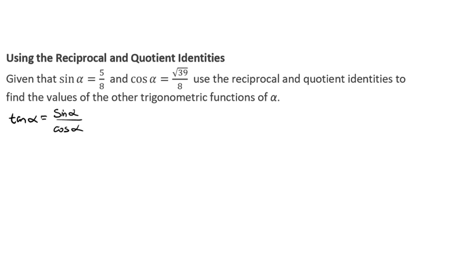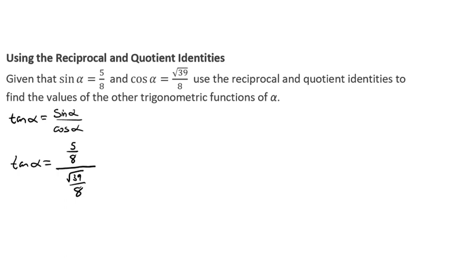So remember, the tangent of alpha is our sine of alpha divided by the cosine of alpha, and we have both of those values. So we're able to write this as the tangent of alpha equals 5 over 8, because that's the sine of alpha, divided by the square root of 39 over 8, which is our cosine of alpha. Now we just need to do the math.